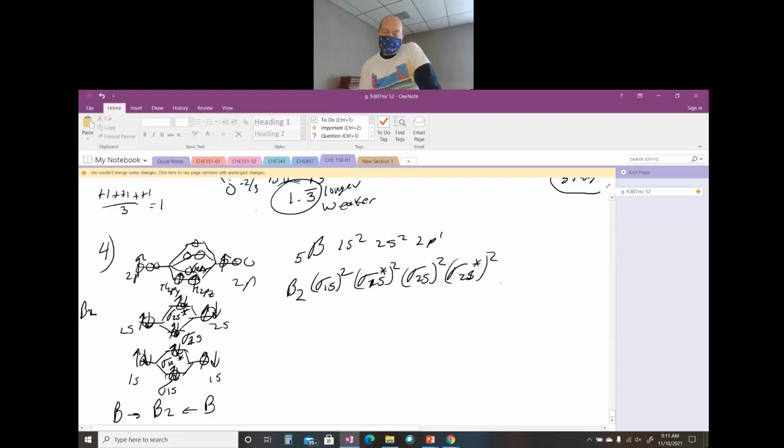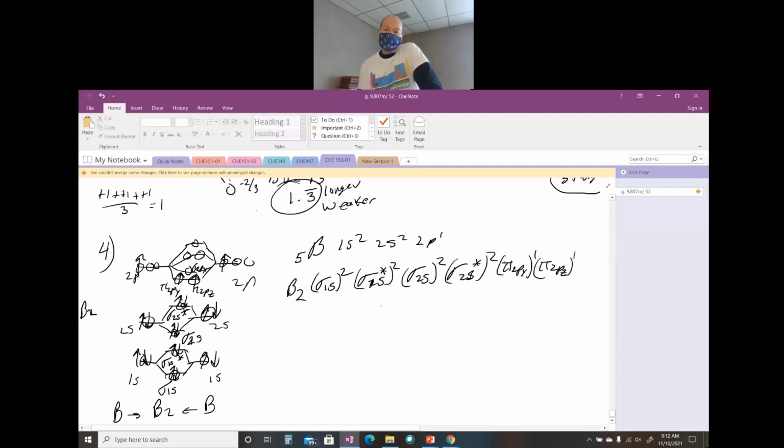And then if you're writing out the electron configuration this way, you have to put a pi 2p. I don't care if you put a y or not, but it has to be a 1. And then you have to have a pi 2p again, but I'm going to put z and it has to be a 1. If you put a pi 2p2, I will not know if you want those to be paired up or not. They are not paired up. 1 is in that orbital, 1 is in that orbital.